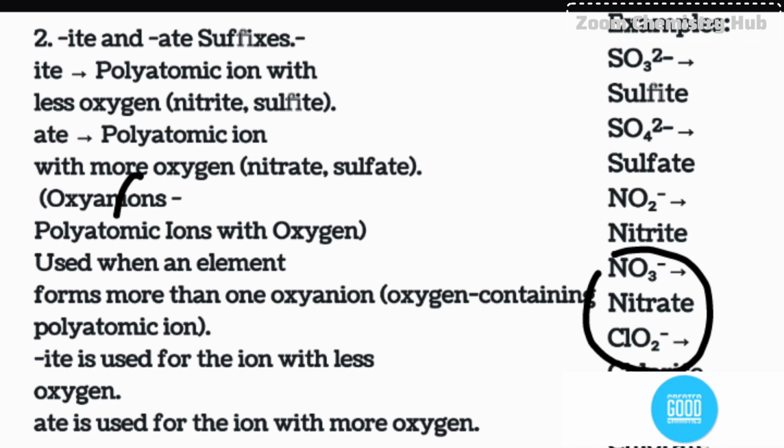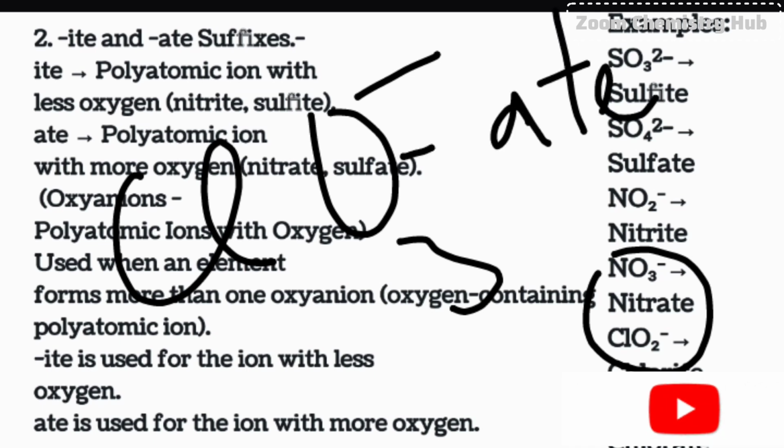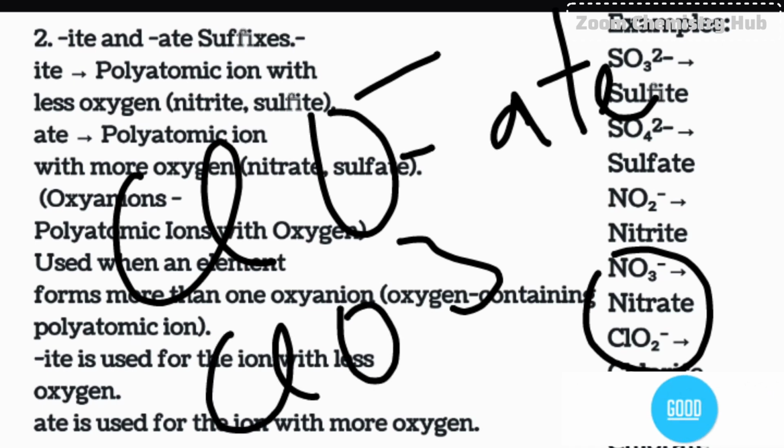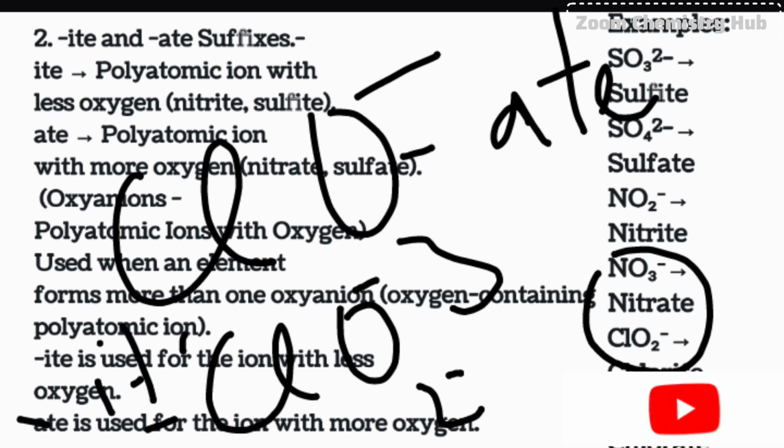Chlorate is ClO3 minus, that is chlorate, ATE, and with one less oxygen, ClO2 minus, this is chlorite, ITE. The ITE suffix is used.